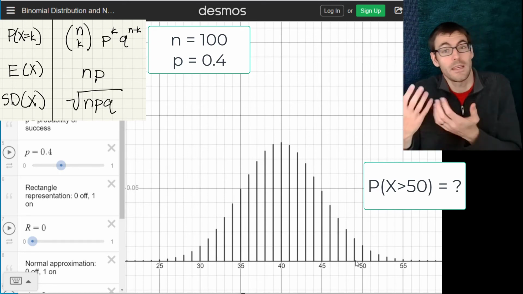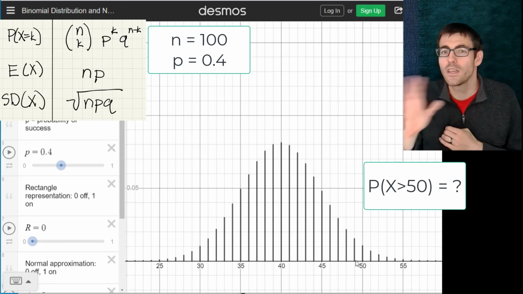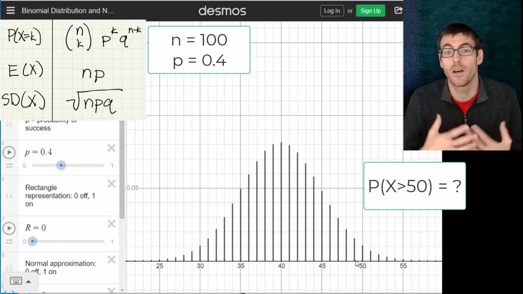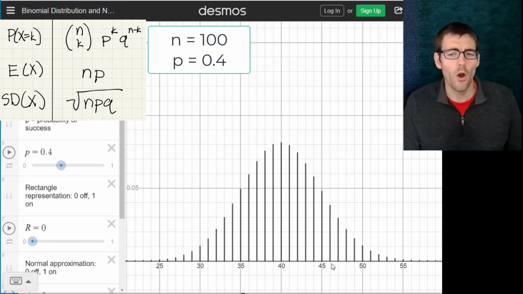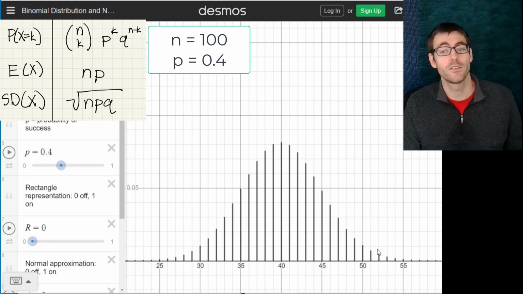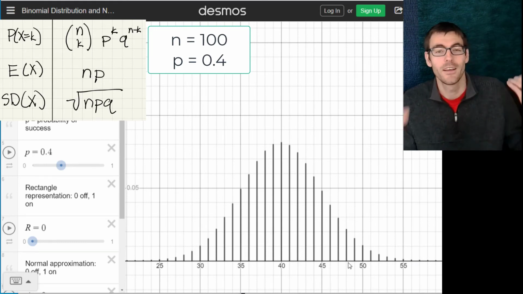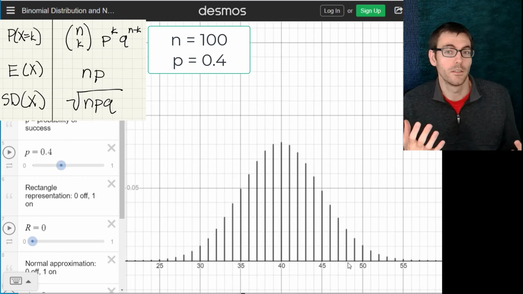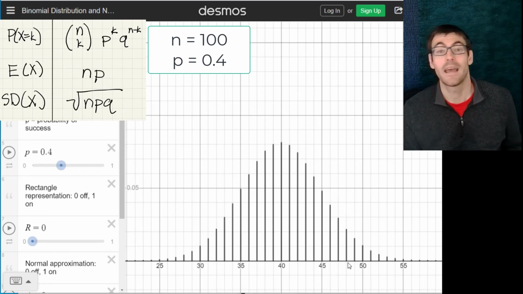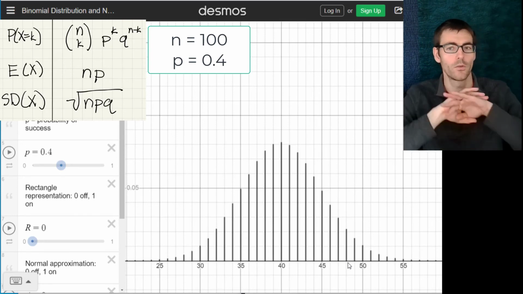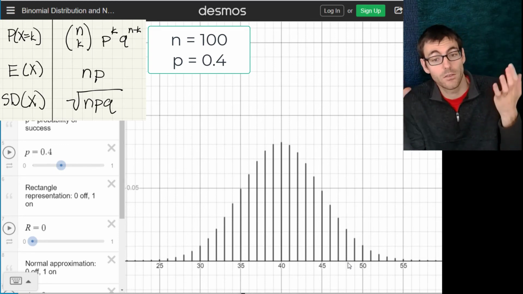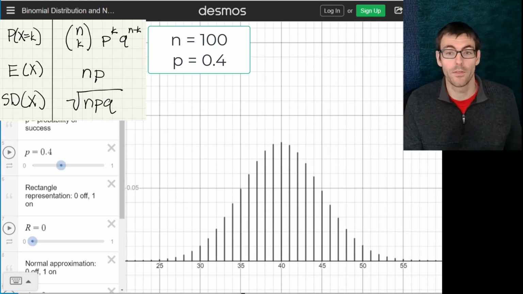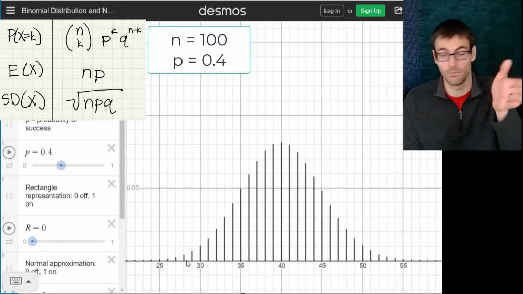So that would be the exact answer, but we can use our knowledge of the shape of this picture to do this another way. So hopefully this curve reminds you of something. And as it turns out, the binomial model can be approximated by a normal model. So this is kind of surprising maybe that we have this discrete situation, right? With the binomial distribution, the outcomes have to be these integers.